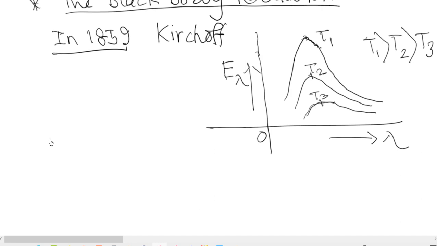Now we discuss the classical theory, and we shall see how this classical theory actually fails to describe these experimental findings of Lummer and Pringsheim.